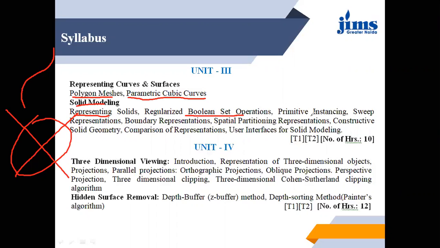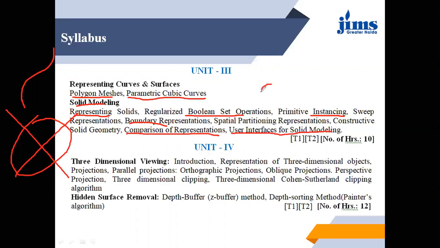After that, we will discuss instancing, sweep representation, boundary representation, and constructive solid geometry. In the last, we will discuss the comparison of representations and user interface for solid modeling.